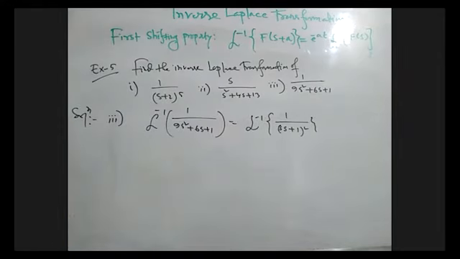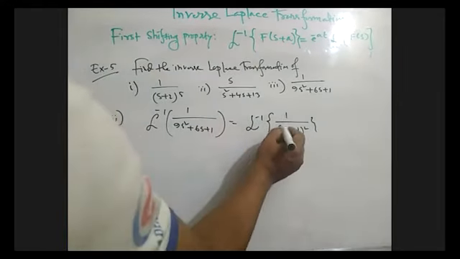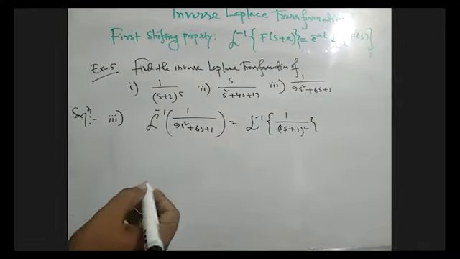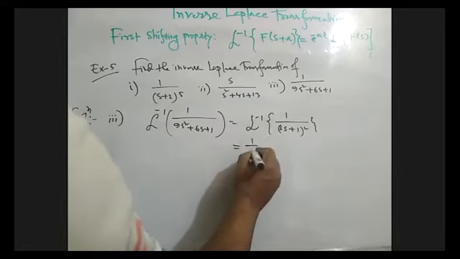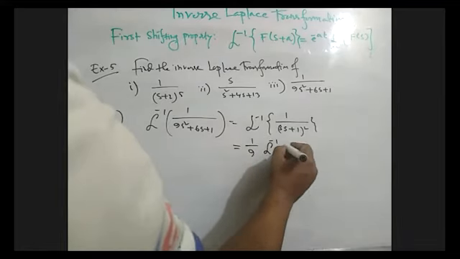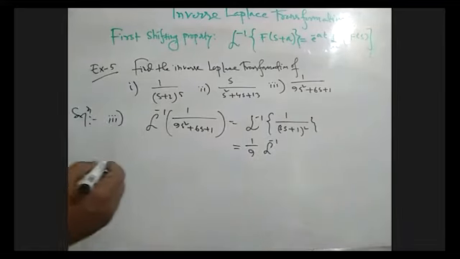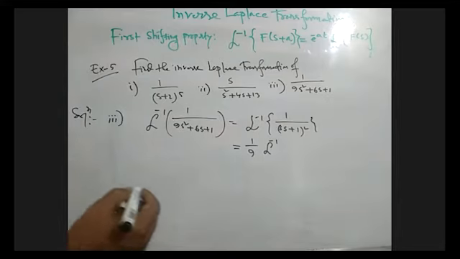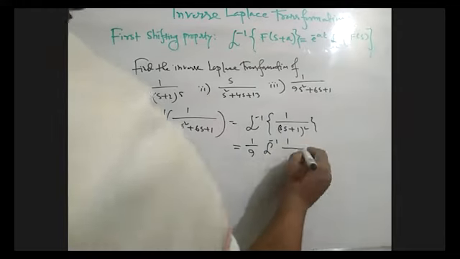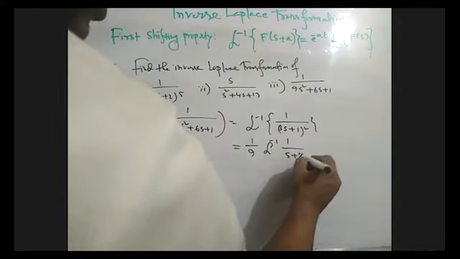So here, to free the coefficient, we can take 3 common. So we can write 1 by 9 times the inverse Laplace transformation of 1 divided by s plus 1 by 3 whole square.